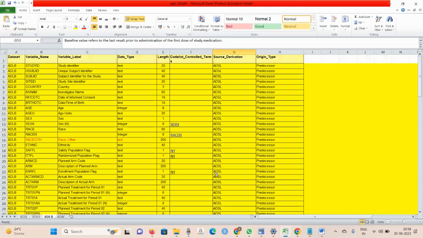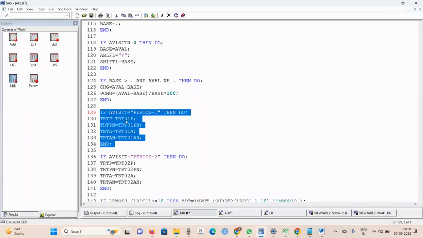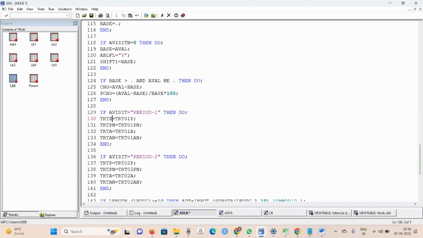Here they mentioned the planned treatment, but in the LB we are considering the two periods as planned 1 here, TRTP. If AVISIT is period 1, that would be considered as treatment 01P, the TRTP would be treatment 01P, and if it is period 2, then the TRTP would be period 2.